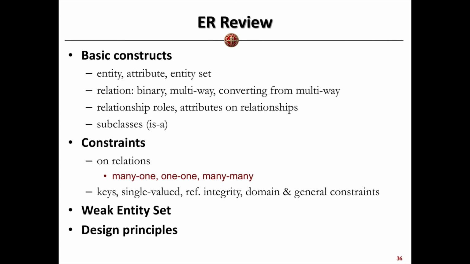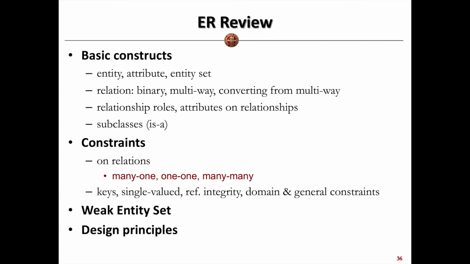We also know these attributes on relationships. These relationships can be connected to different kinds of entities. They can be even connected to one single type of entities, like the reports-to we showed before, right? An employee can report to some other employees, denoting some can be the supervisor, some can be the subordinates. The triangle denotes a special relationship among entities, subclass. Right?